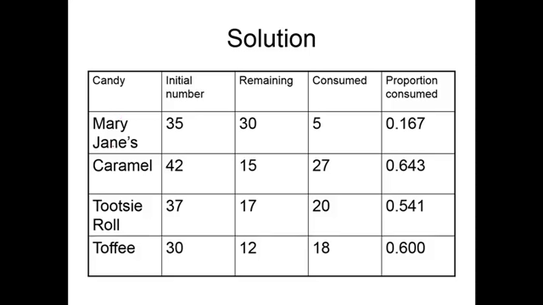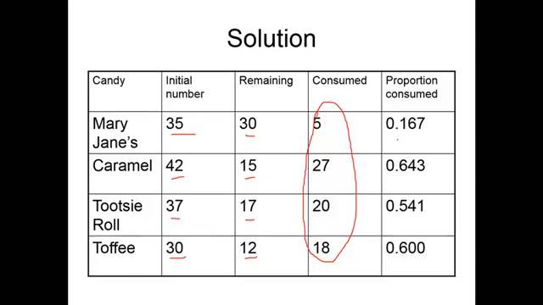You have Mary Janes, caramel, Tootsie Roll, and toffee, and we start out with the 35, 42, 37, and 30, and then we look at what's remaining at the end of the time: 30, 15, 17, and 12. This is the difference, the number of each candy that was consumed.